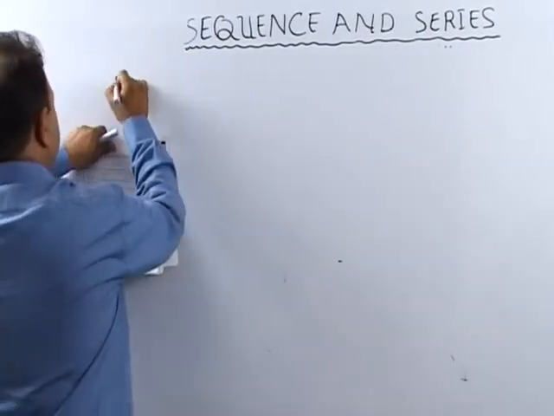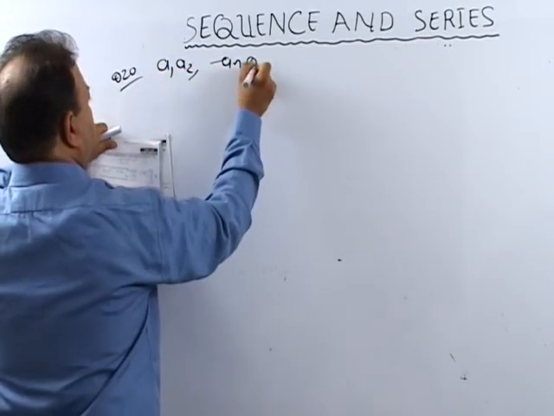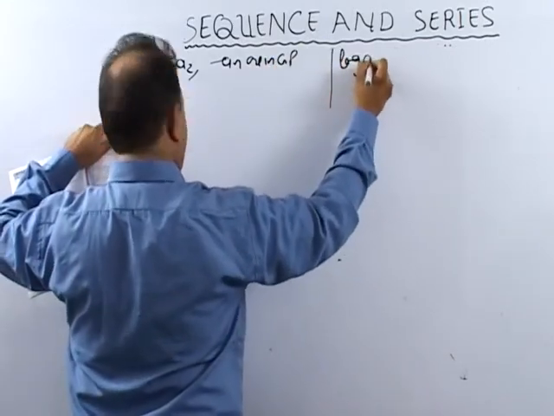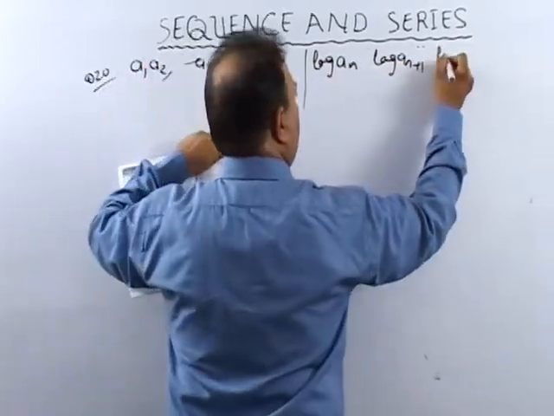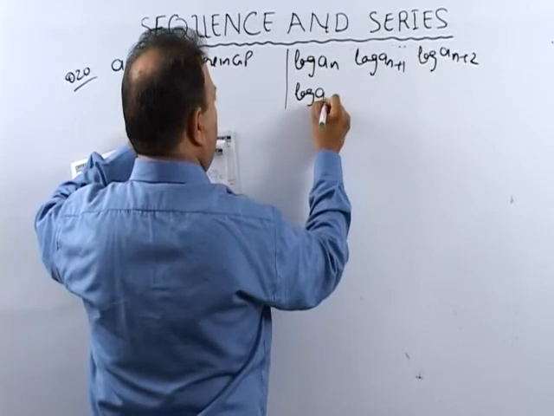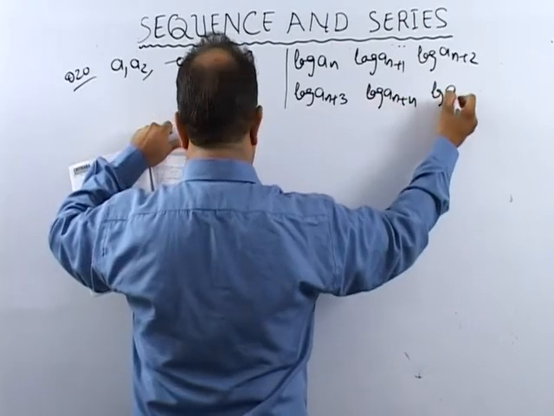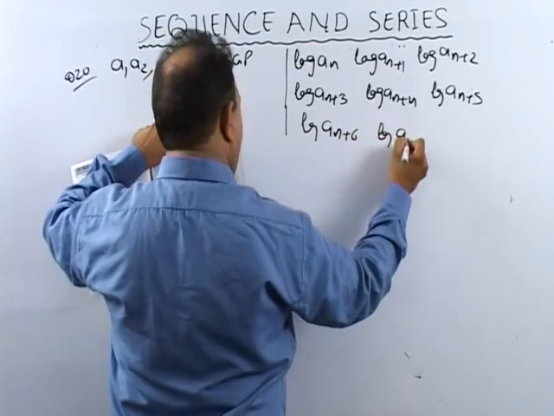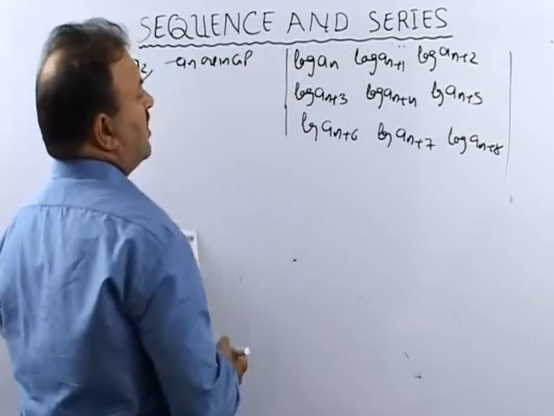We have been given that A1, A2, ..., AN are in GP, and then the value of the determinant with rows log AN, log AN plus 1, log AN plus 2; log AN plus 3, log AN plus 4, log AN plus 5; log AN plus 6, log AN plus 7, log AN plus 8. This has been given.